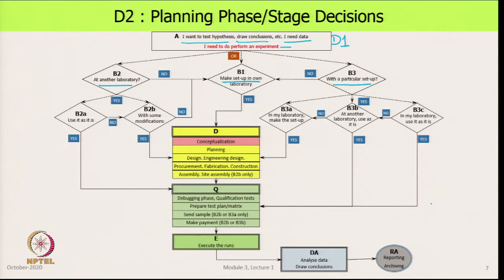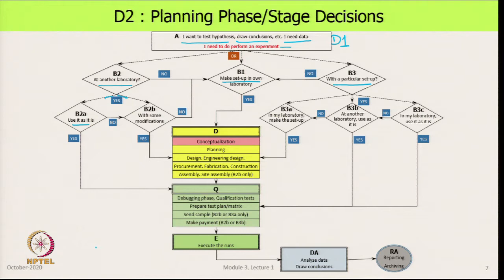So, two things happen here. If you have to go to another laboratory, like in that first example that I gave, then we have two possibilities. The answer could be yes or no. If the answer is yes, we come into these two sides and we say, well, can I use the setup as it is?